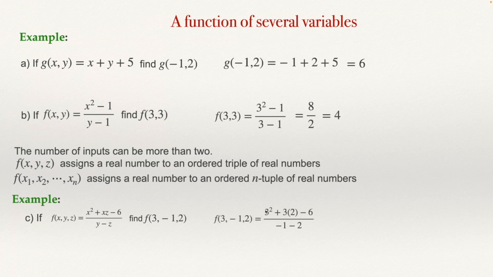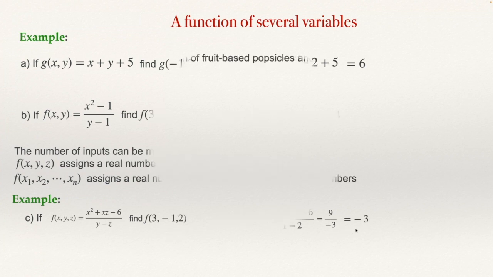How much will it be? 3 squared, 3 times the last element, 2, minus 6, divided by -1 minus 2. This is 9, this is 6, this is minus 6, this 6 and minus 6 cancel. We have here 9 at the top and -3 at the bottom. This is 9 over -3, so it will be -3. So it means the image of this triple is -3.